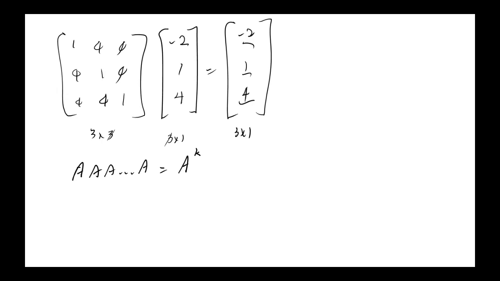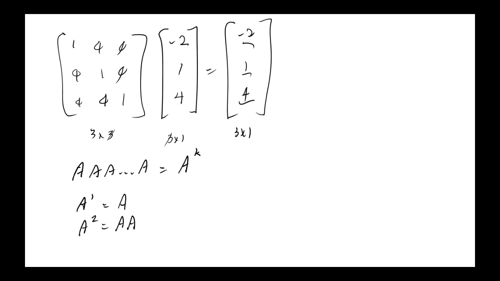Now, certainly A to the first power is A, and A to the second power would be A times A, and so on and so on. Okay, I sort of did this backwards.